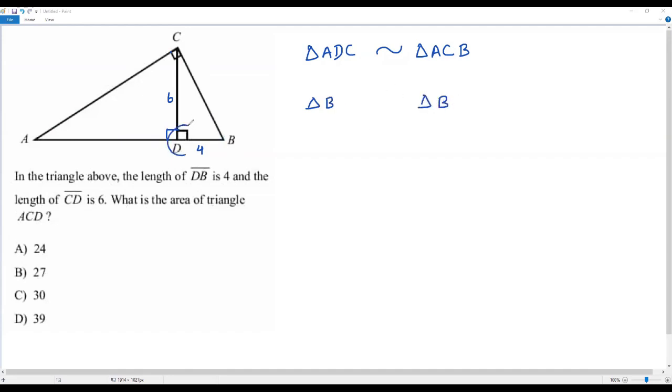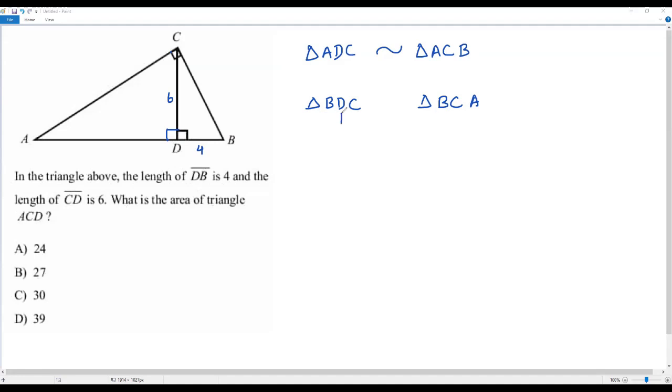Now let me consider vertex D in this right triangle BCD because we have a right angle at the vertex D. And in the original triangle, we consider the vertex where we have the right angle, that is C. The third vertex of this triangle BCD is C, and the third vertex of the original triangle is A. Here B is a common vertex for both triangles, so the interior angle at the vertex B is the same for both by the reflexive property.